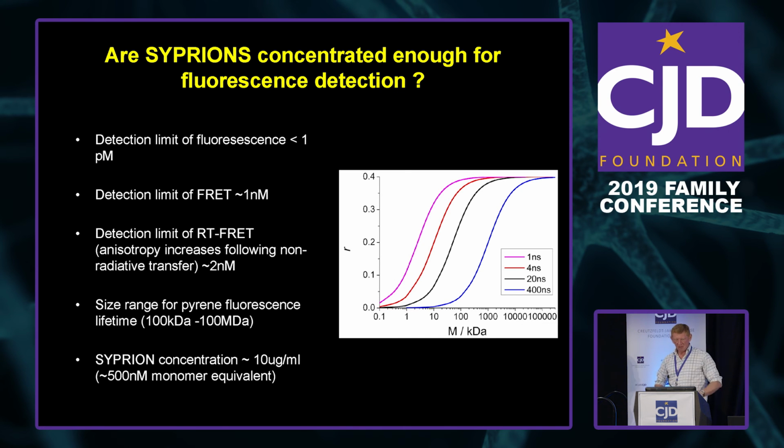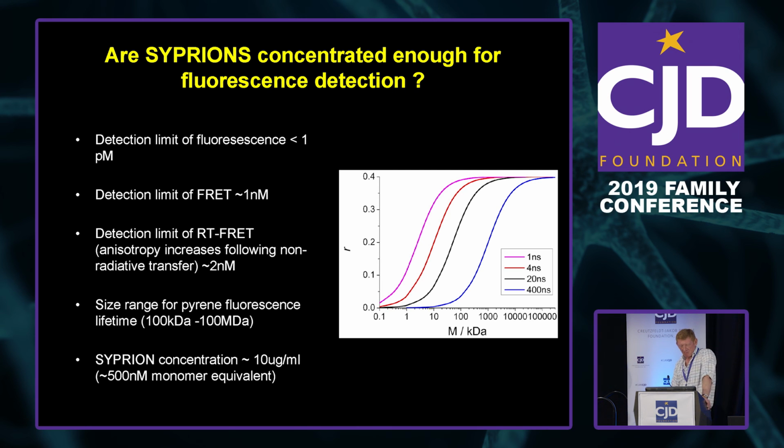So the question really is whether we have enough synthetic prions in a tube to be able to monitor bifluorescence, and the straightforward answer is yes. Standard fluorescence can get below a picomolar, although you have to be doing well. Detection limit of FRET is about 1,000-fold higher, and anisotropy is even less sensitive.